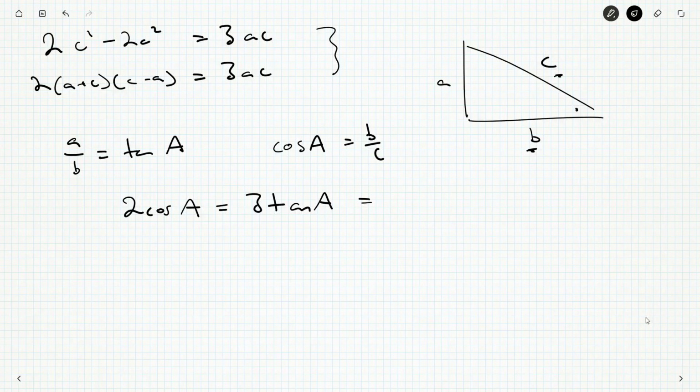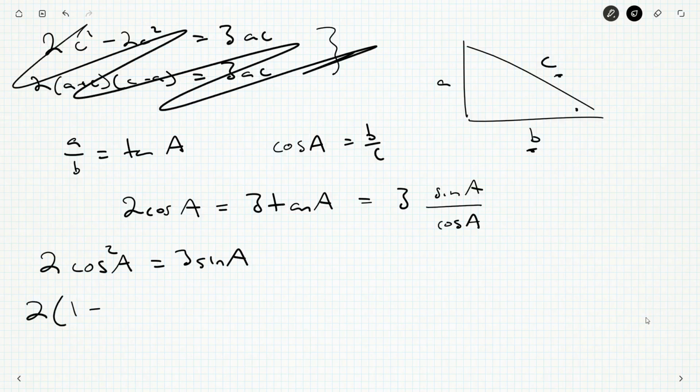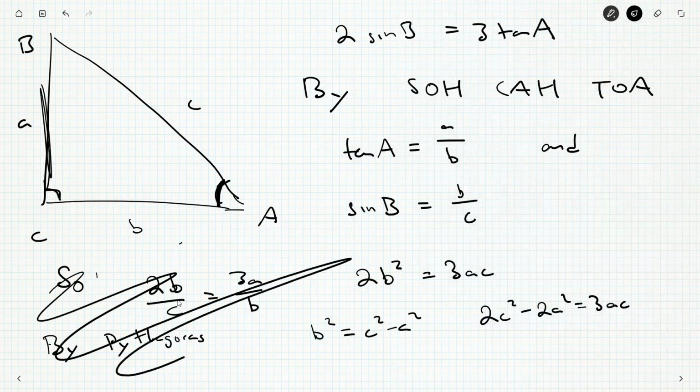So tan is 3 sine A over cos A. So I guess I could say something like 2 cos A, or cos squared A is 3 sine A. But incidentally I'm scratching this part out because I don't need it anymore, because I think I've almost got this. So I don't need any of this.